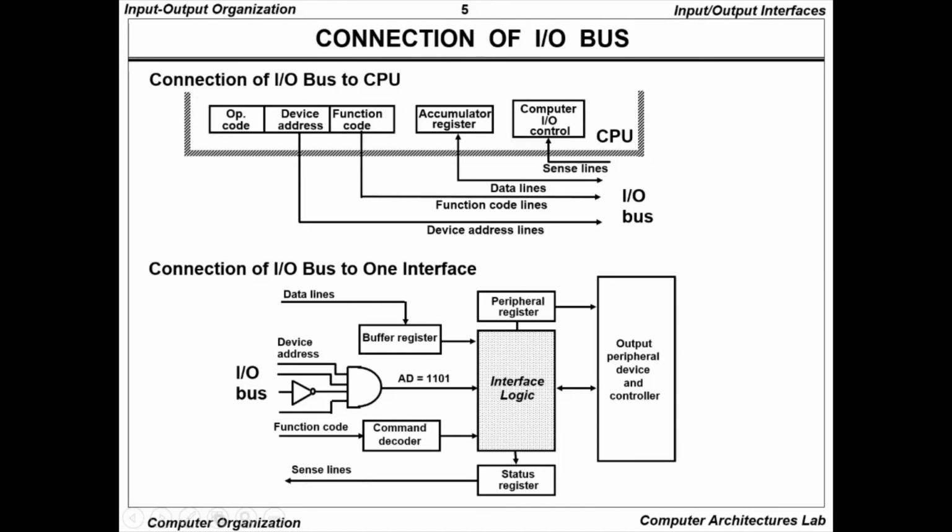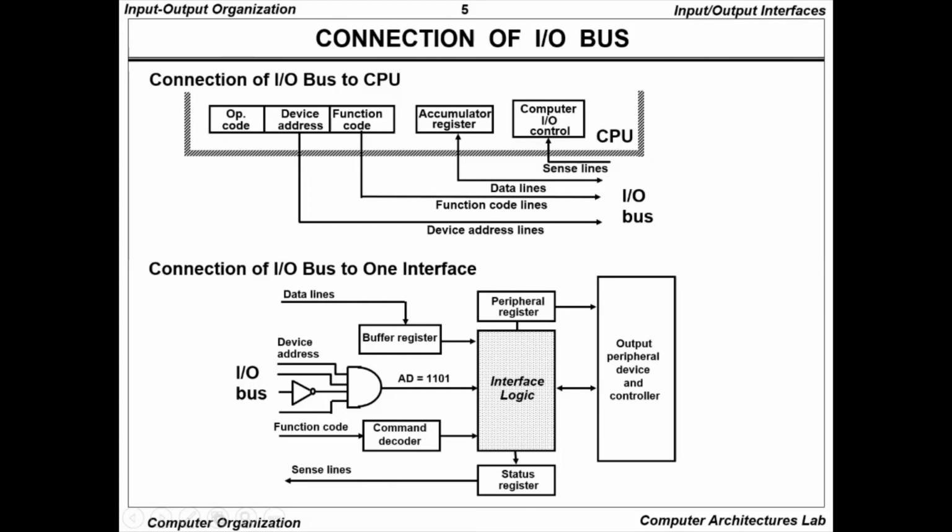Okay. The input output bus has the gates, AND gates, NAND gates, everything, and the data lines have the buffer register. This is temporary memory. Why do we need this temporary memory? To allow the remaining connections for the computer or peripheral devices which you want to connect to the computer, which have the peripheral register.